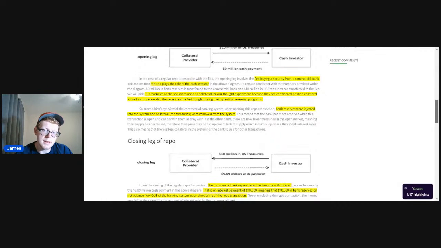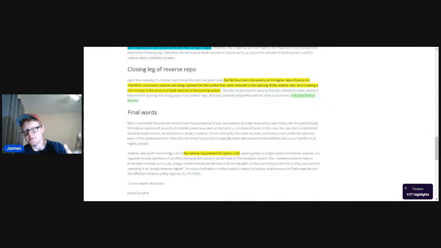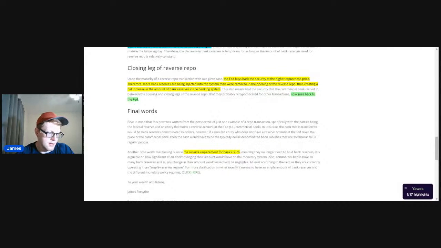One, when I highlighted this in green just to remind myself that I should probably change my wording here, because technically, if I remember correctly, most of the reverse repo transactions with the Fed as a counterparty are tri-party.